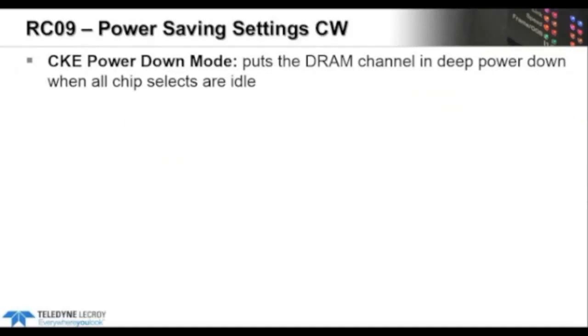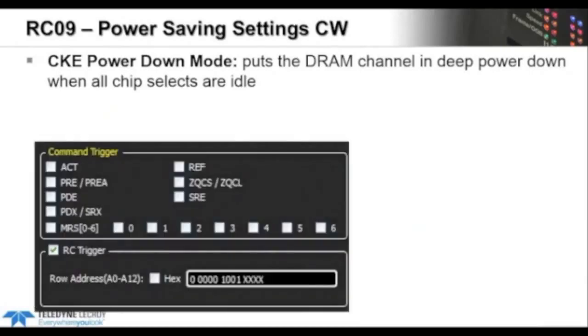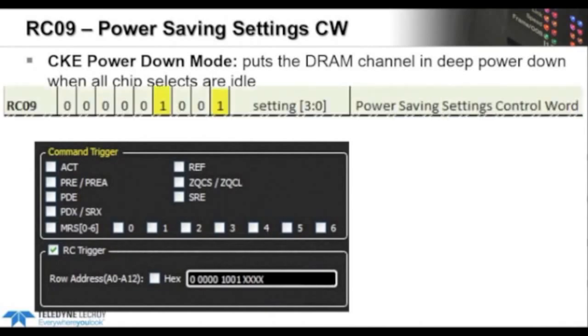But getting visibility to these register commands is one of the first steps in bringing up an RDIMM system. So say you're trying to debug a problem getting the DIMM into a lower power state. Using the bus analyzer, it's possible to trigger on any standard command. In this window, we're seeing the RC09 as it's defined in the spec.